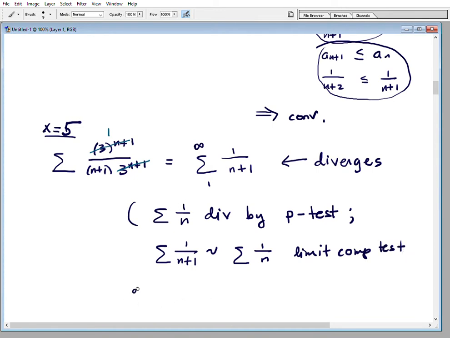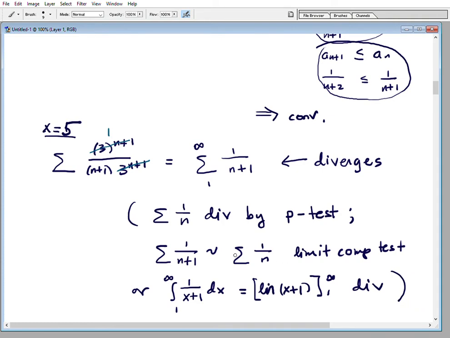You could do that, or you could do an integral test, and you'll quickly see that this diverges. This is log, and log goes to infinity. This diverges. So those are two different ways of seeing that the sum of 1/(n+1) diverges. But just by looking at it, you should realize that it's almost the same as this one, and you should realize this one diverges because of the p-test.